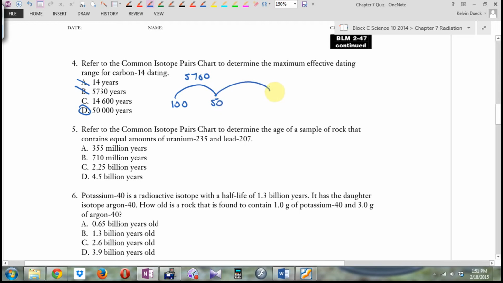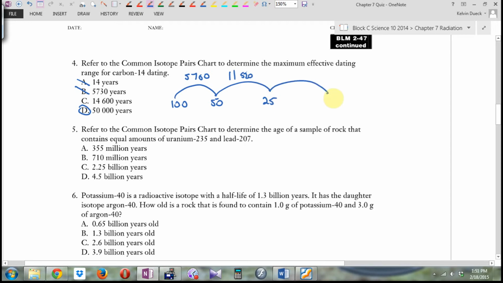I could also go another half-life. Can anybody go 5,760 times 2, please? Yeah. 11,520. Now, that would give us 25% left, which we can still detect.